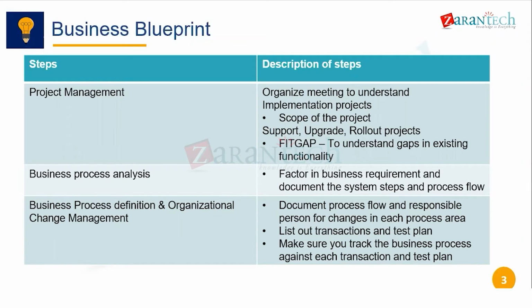Whenever any changes are there in a particular test plan, you document that, for example you add one step or delete one step. Once the user has tested this and it has been approved, only then does this process area become active under Solution Manager. SAP also strongly recommends the usage of Solution Manager for the project.